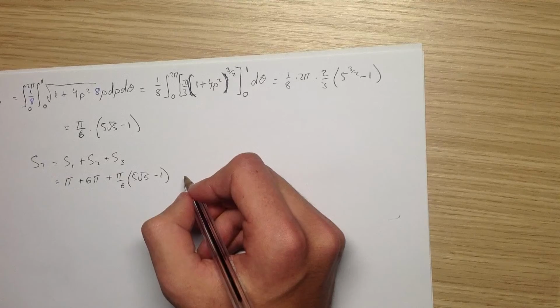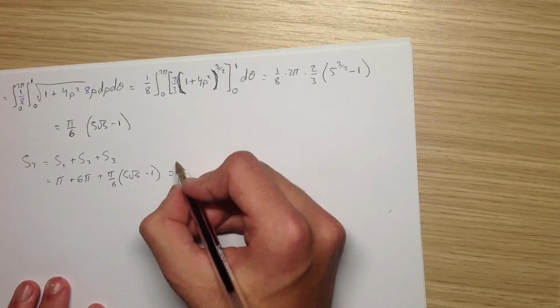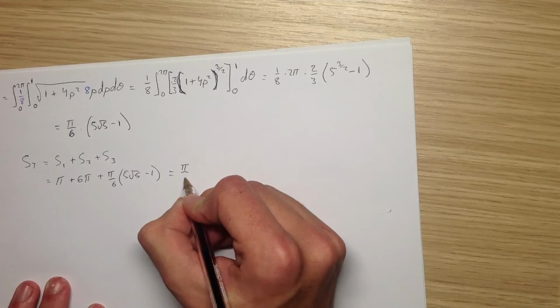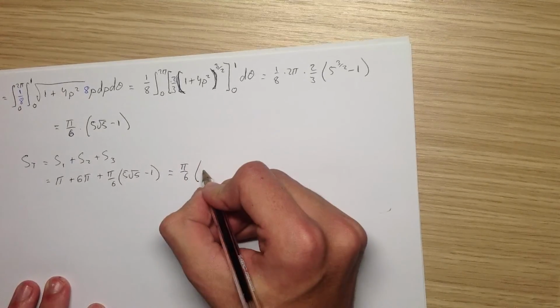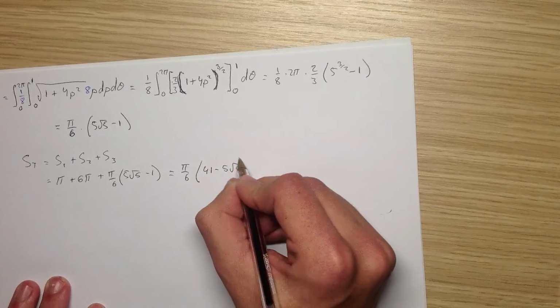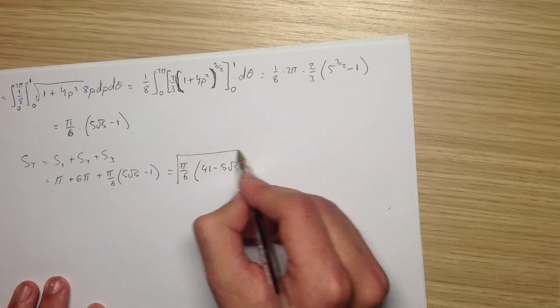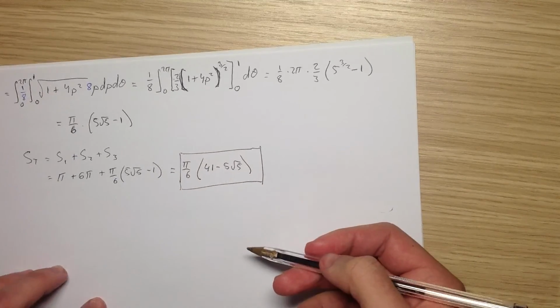And this will equal, let's see, pi/6 times 41 minus 5√5. And this will be the total surface area of our 3D shape.